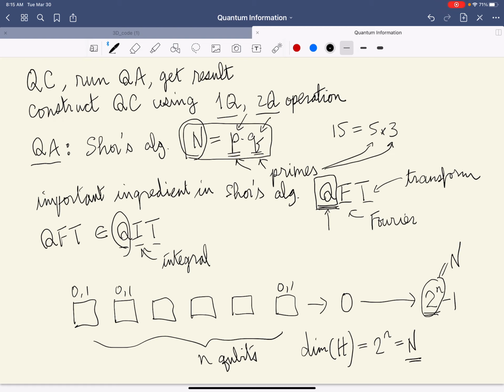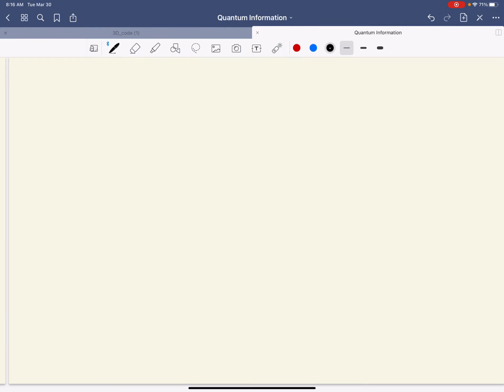Okay, and one way to think about the dimension of this Hilbert space is that it's capable of realizing integers that start from 0 and reach all the way out to capital N minus 1. That's just an obvious statement. Then I'm going to suppose that there exists a function.